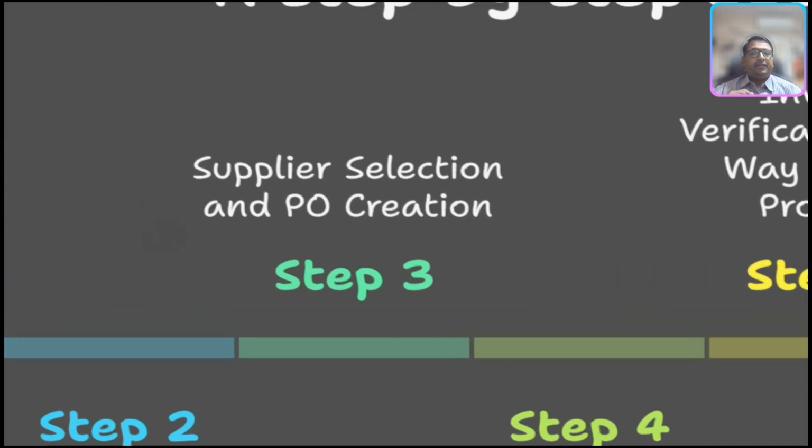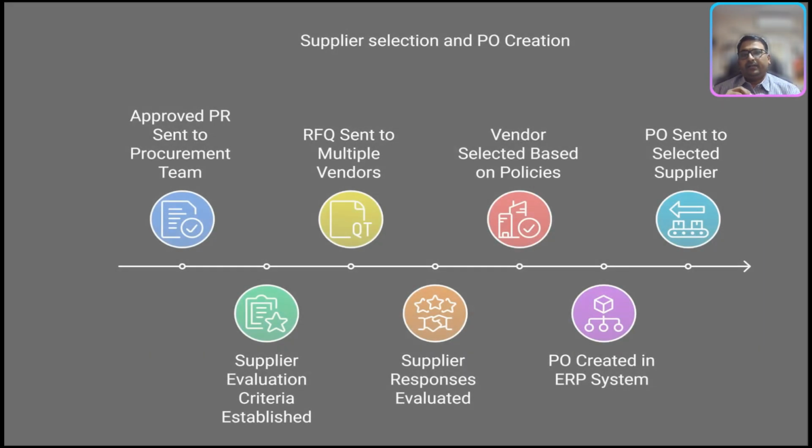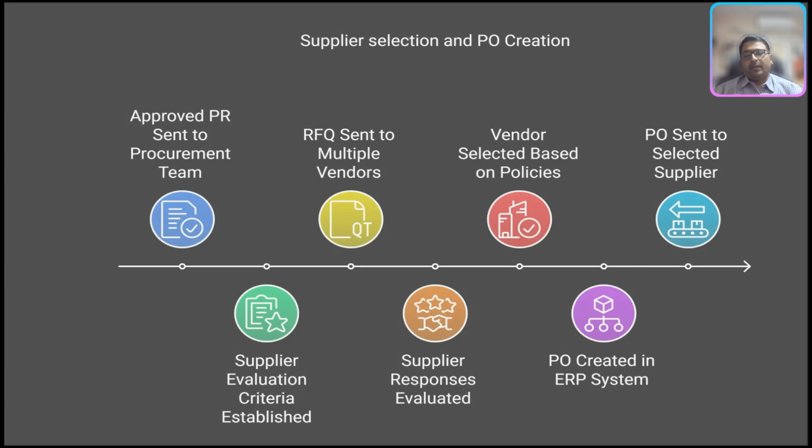The next step here is supplier selection and PO creation. In this step, first, the approved PR, the purchase requisition which is approved, is sent to the procurement team. Generally, the status goes to PR is approved.